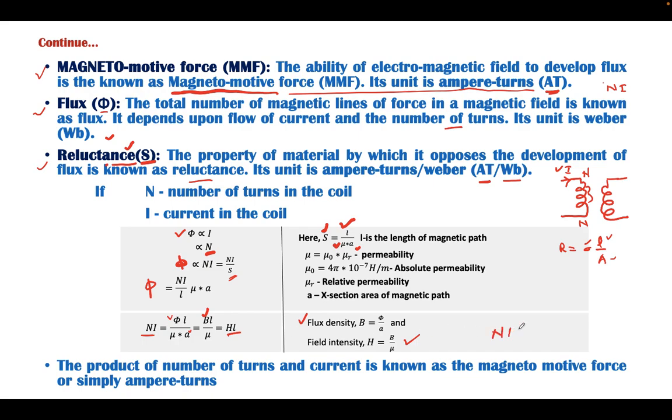If Ni is equal to HL, then we can easily find that H will be equal to Ni upon L. And further, we can rearrange this expression so that if three values are known to us, the fourth value can be calculated.